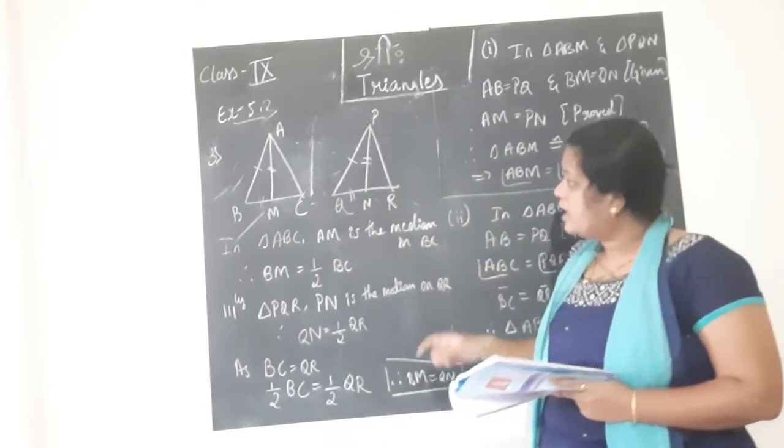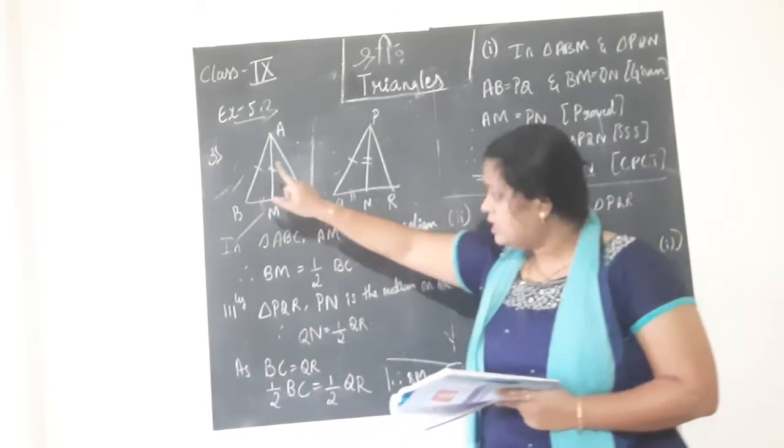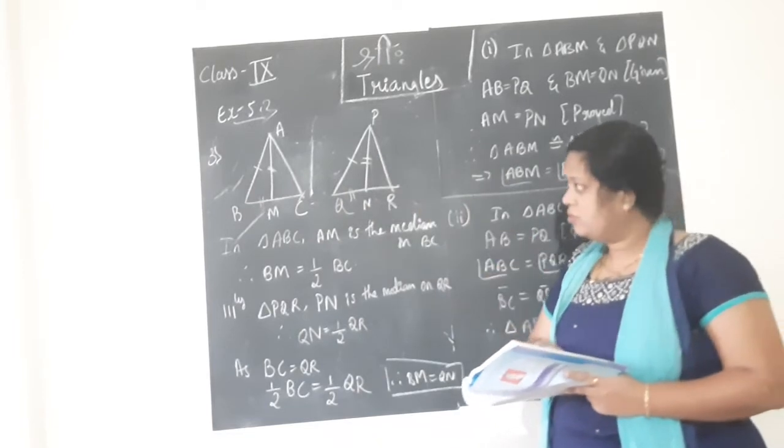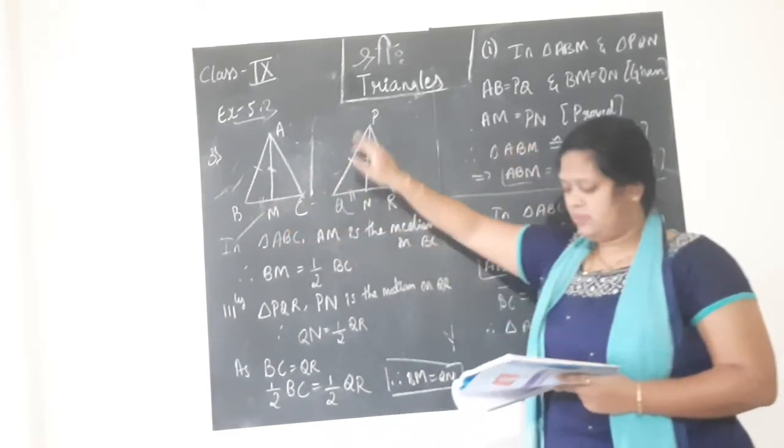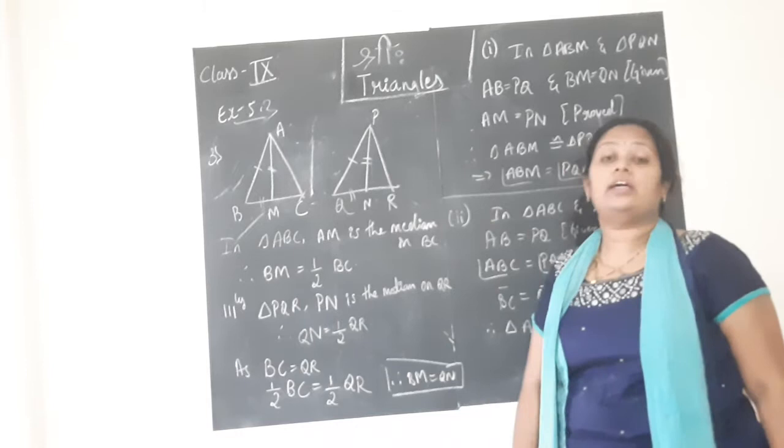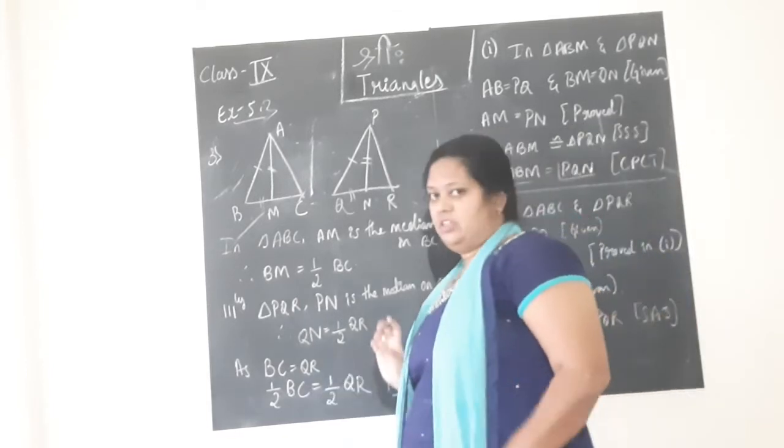Show that triangle ABM is congruent to triangle PQN and whole triangle ABC is congruent to triangle PQR. Did you understand the question?